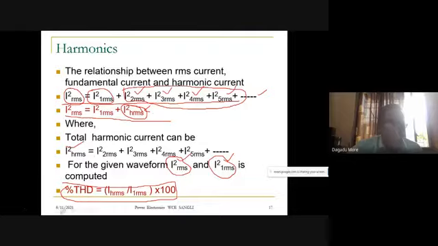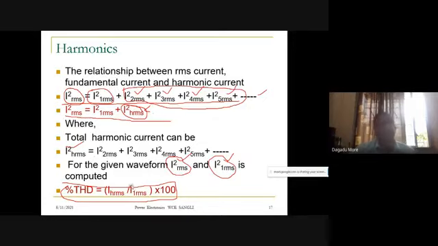I'll just use the highlighter. Using this expression, since we know the I RMS and the I1 RMS, we can find out the RMS value of the harmonic current. And once you know it, the THD is given as the ratio of the harmonic current RMS value to the fundamental RMS current value.